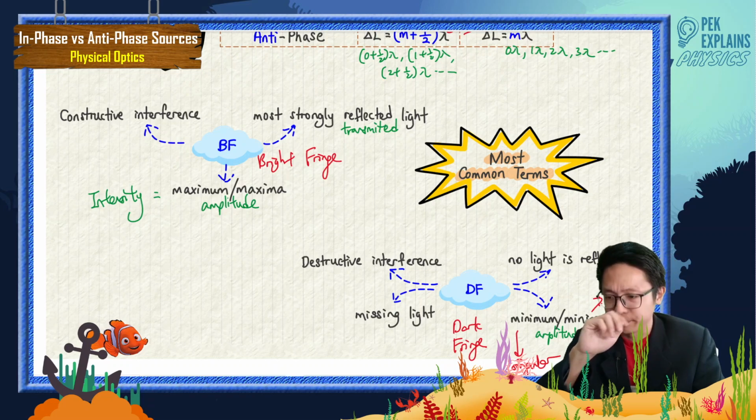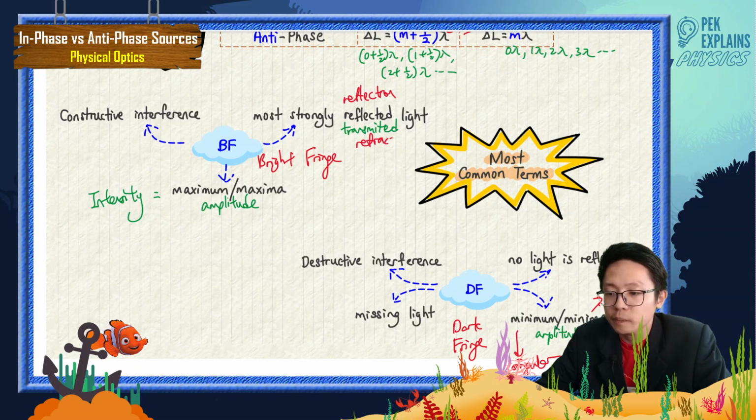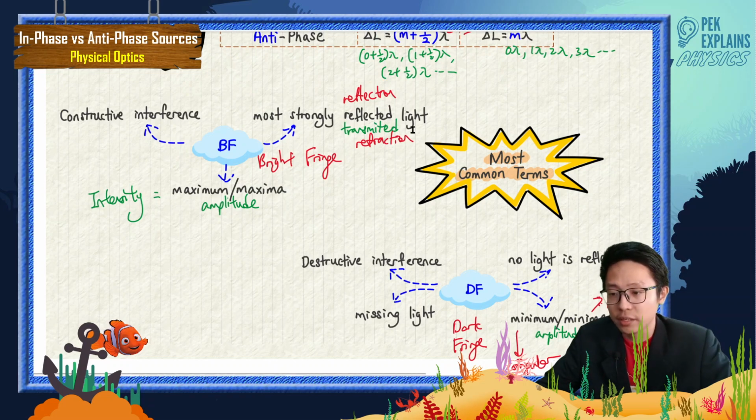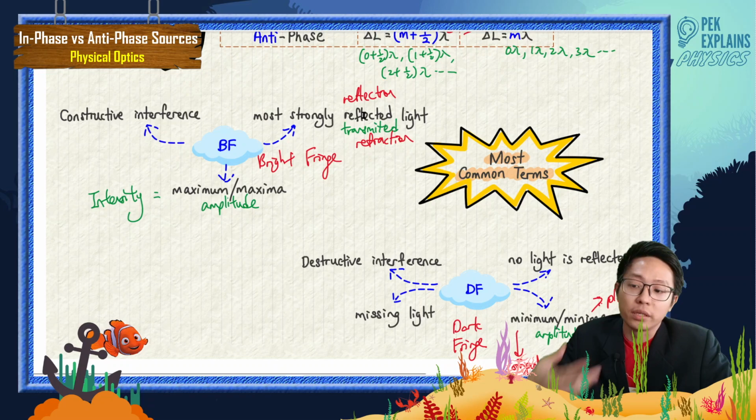Because light can be either reflection or refraction. When it's reflection, we say it's reflected. When it is transmitted light, most strongly transmitted light, we say it is because of refraction through the glass.